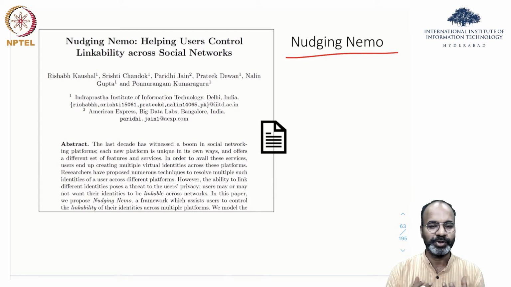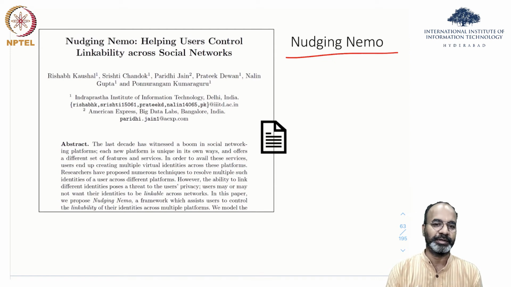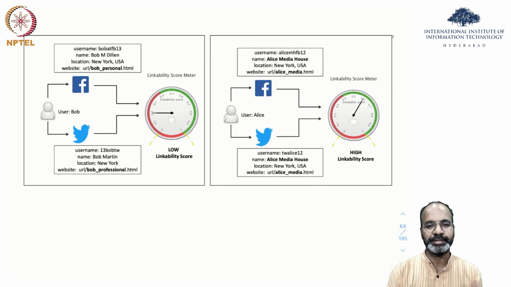If you're going to change one of them to look like the other, because you moved and then you wanted to keep the city the same, then the system can actually tell you, do you really want it to be changed? Do you really want the resolution to be done? Because if you change it to Hyderabad, people, systems, technologies can find out that all three accounts are the same.